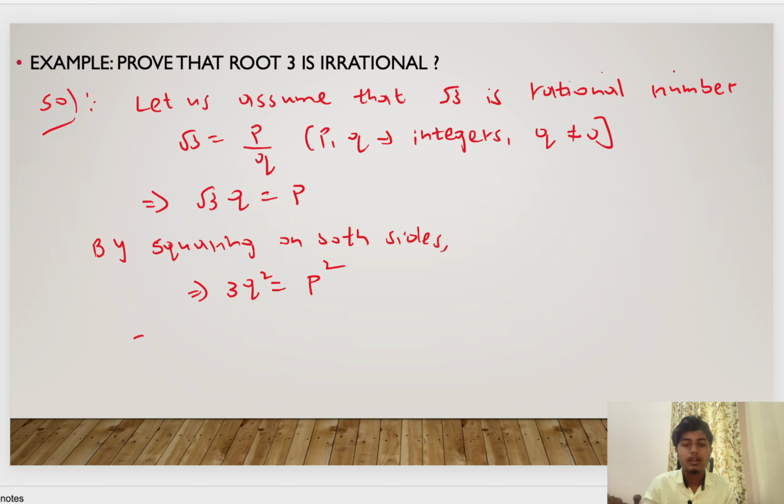That implies 3 divides p square. It automatically divides p. That implies p is equal to 3c, where c is some integer.